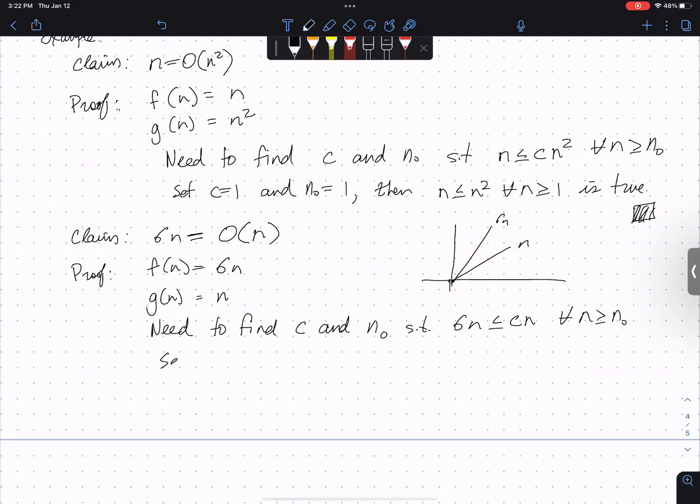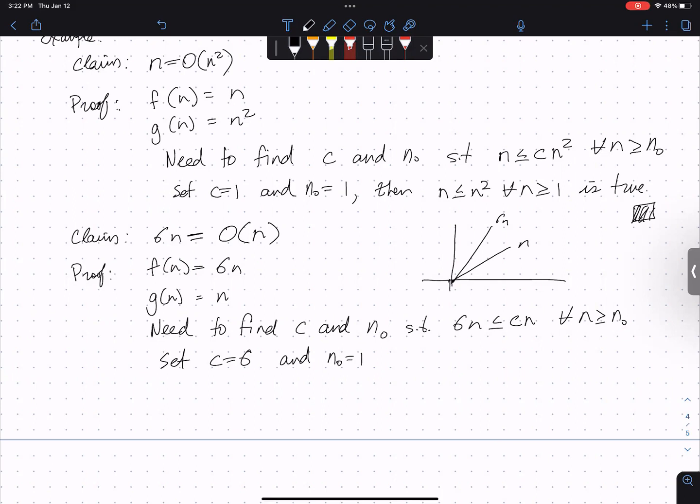So we need c to be anything at least 6. It could be anything, but the obvious thing to put is 6. And notice for n naught, we can just default it to 1, so just start from the beginning. Now, why 1? Why not 0? Well, remember what these functions are representing.